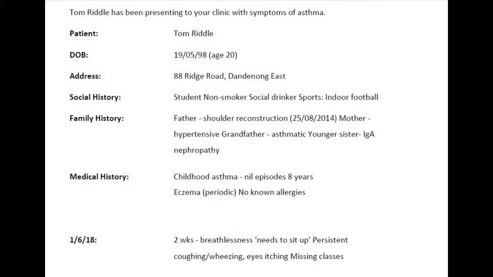We have the details of the patient given in the case note as Tom Riddle, age 20, date of birth 19th May 1998, and address 88 Ridge Road, Dandenong East, of which you must mention the age in the reference. In the social history, we can see that he is a known smoker and a social drinker, which should be mentioned in the letter.